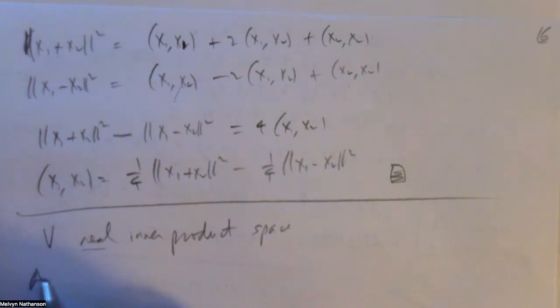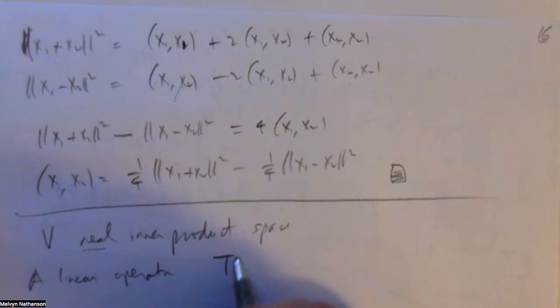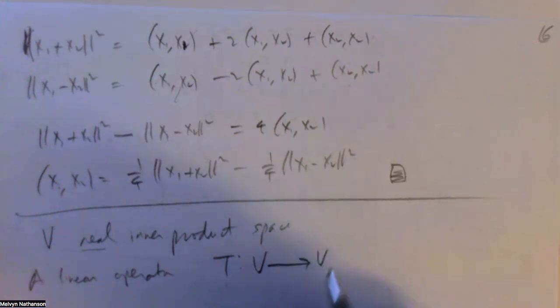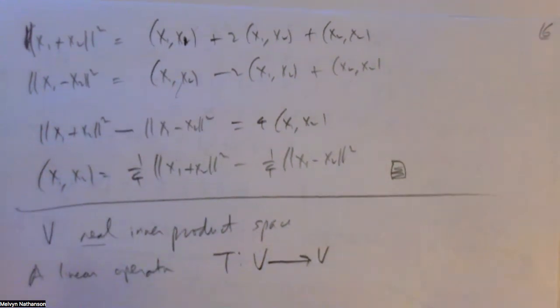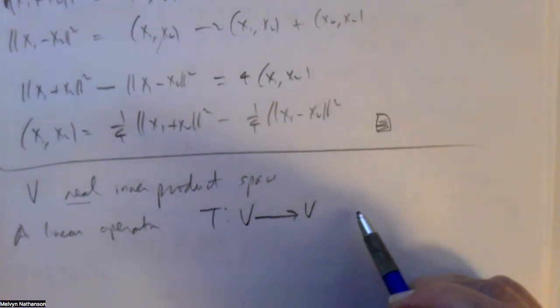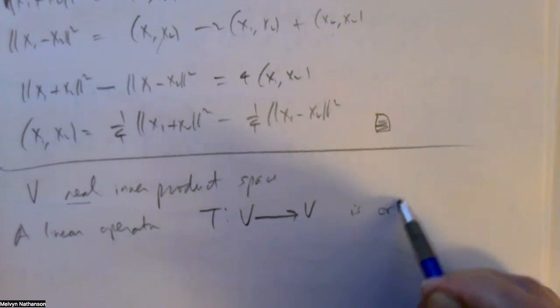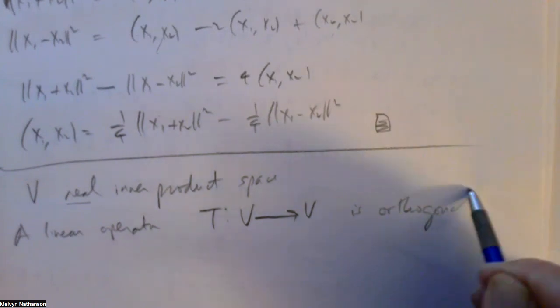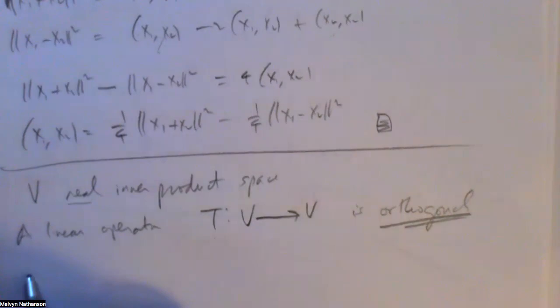And recall that a linear operator is a linear transformation T from a vector space to itself. And we say that a linear operator is orthogonal if it preserves the inner product.